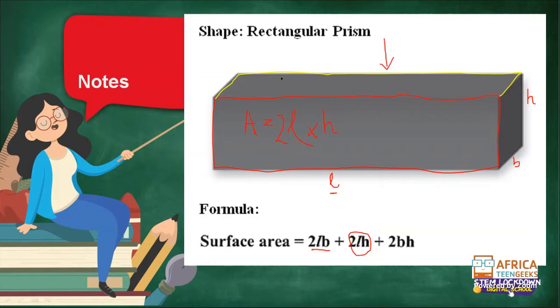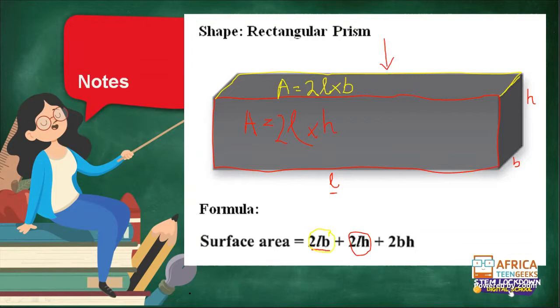Now the area of the top will be this long side, which is my length, times this short side, which is my breadth. So it's length times breadth. Because the top and the bottom are exactly the same, there are actually two areas that are equal to length times breadth. Thus, in yellow, this area here.